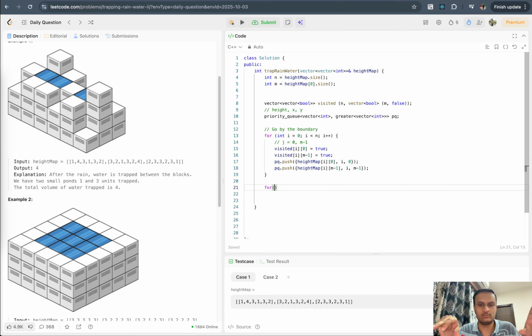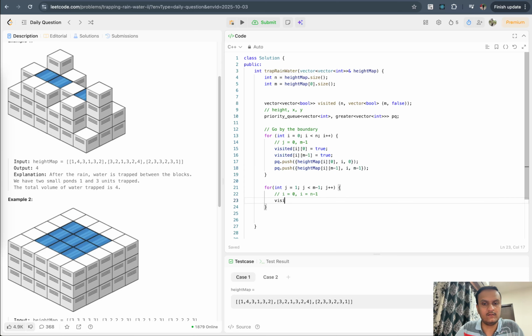We just have to go for int j equals 1, j less than m minus 1, j plus plus. So we are traversing the columns, keeping the row same. So here i will be 0 or n minus 1, correct? We will do something similar.